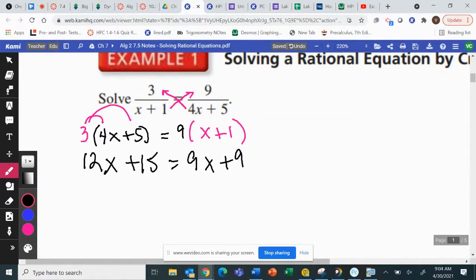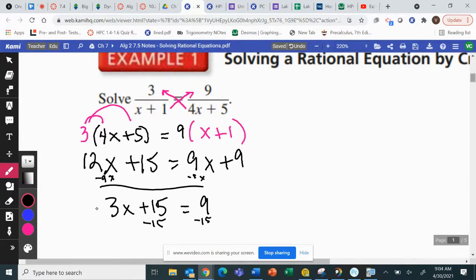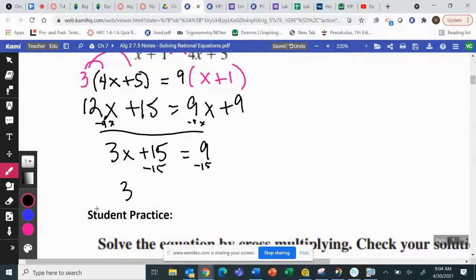And now it's just an equation we should be able to solve. So subtract 9x from both sides. 3x plus 15 equals 9, and then subtract 15. 3x equals negative 6. Divide by 3, and we get x equals negative 2.